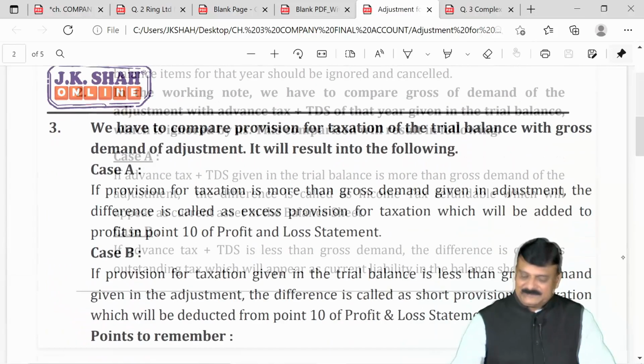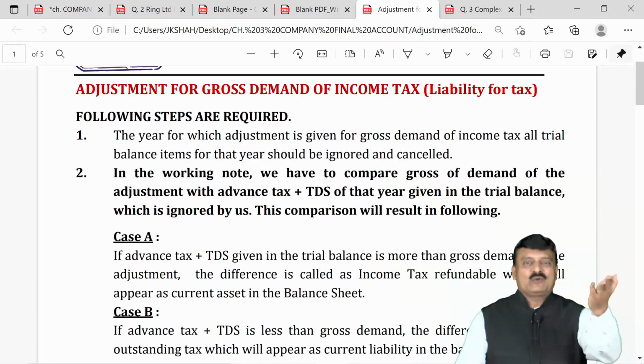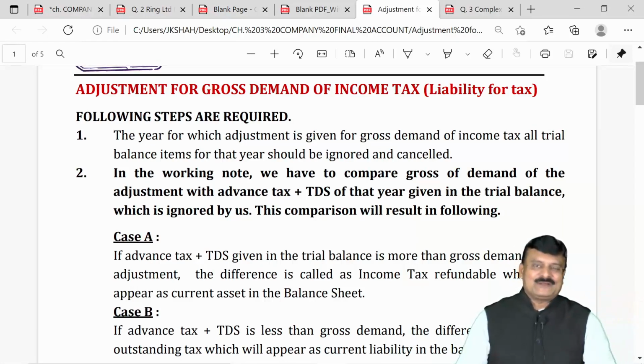First comparison, the comparison of advance tax plus TDS with gross demand, that is income tax liability. Case A, if advance tax plus TDS given in the trial balance is more than gross demand, means our company has paid already more tax than what is demanded by the assessing officer. The difference is called income tax refundable. Say we already paid advance tax of 1 lakh and gross liability is 90,000.